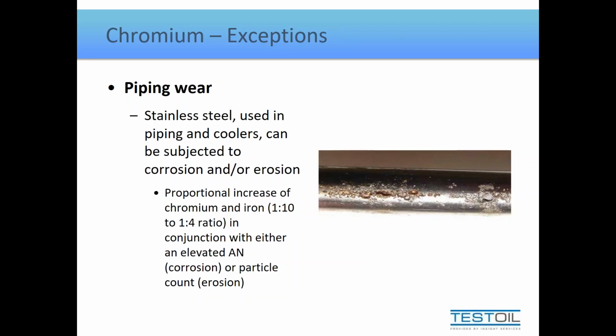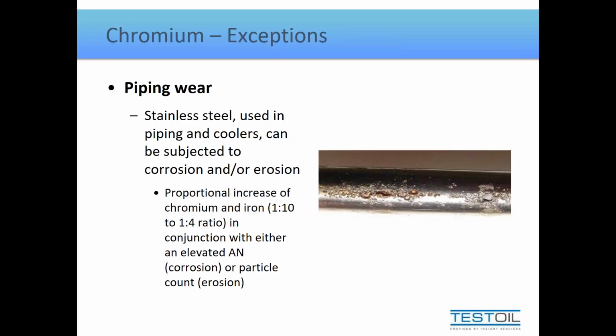So when we see the proportional increase, and I've given the ratios here vary anywhere from 1 to 10 to 1 to 4, in terms of there being more iron than chromium, this would indicate to us that we've probably got some stainless steel erosion. If there's an increase in acid number alongside of this, then we've probably got corrosion. It's actually chemical wear at this point.